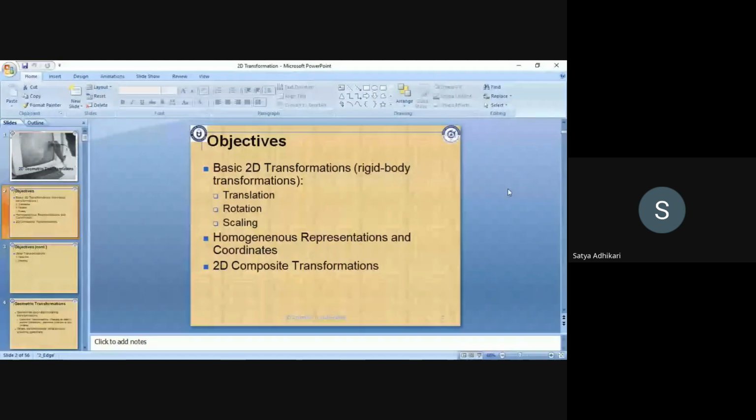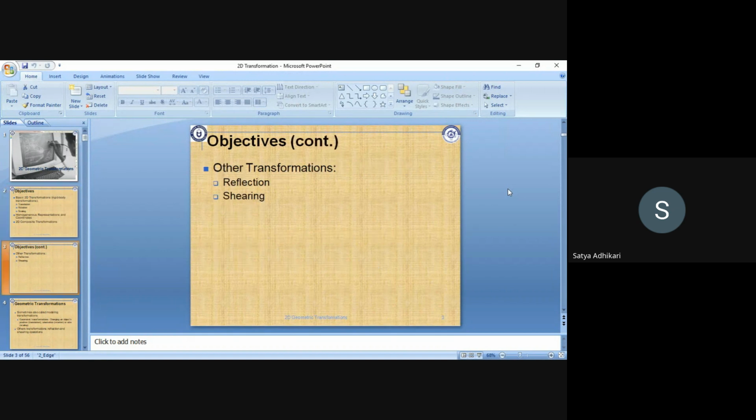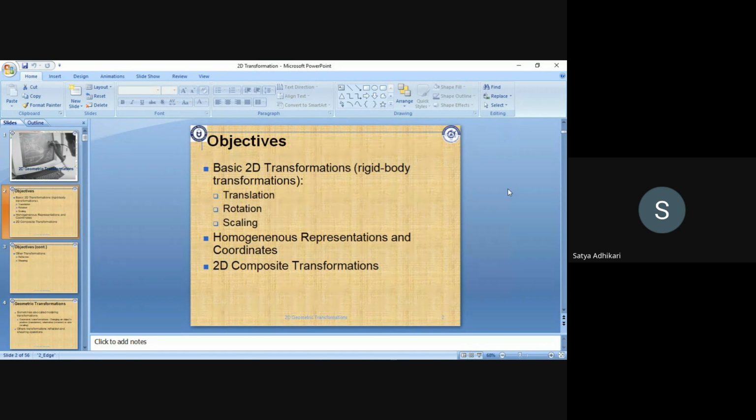Also, we can get an image by reflection, a mirror image of an image with respect to the x-axis, y-axis, or any other line. So the main transformation techniques are translation, which is associated with the change in position; rotation, which is associated with rotating the body of an image or an object; scaling, which is associated with resizing.